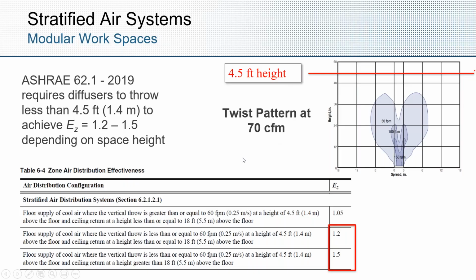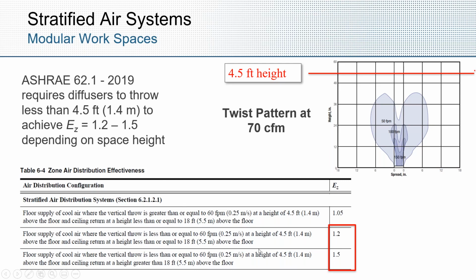All right, so in terms of the things to keep in mind when you're using displacement or UFAD approaches, you always want to make sure that your peak design is throwing below 4.5 feet if you're going to be using an increased ventilation effectiveness or zone air distribution effectiveness.